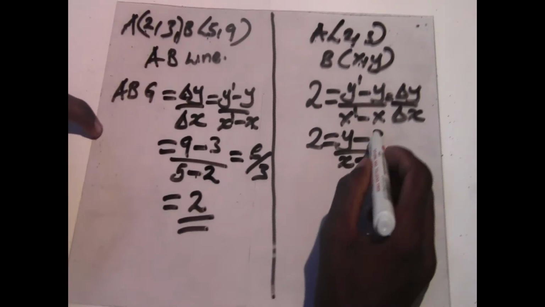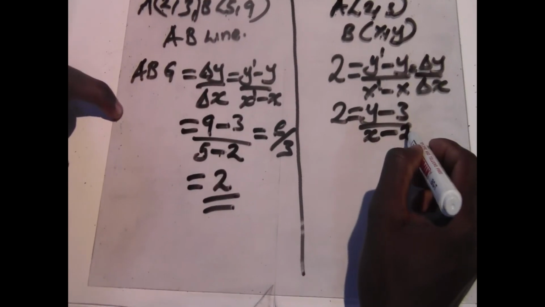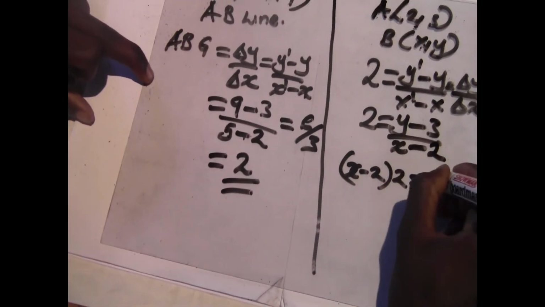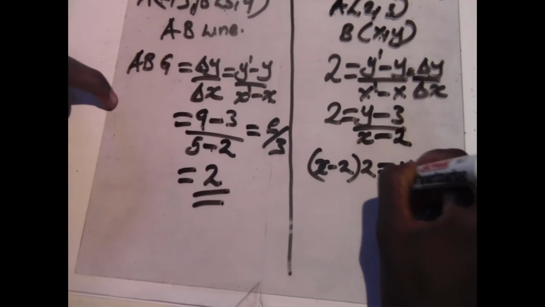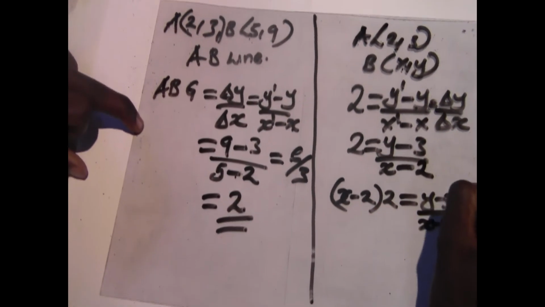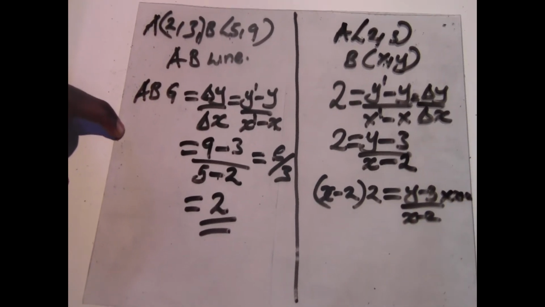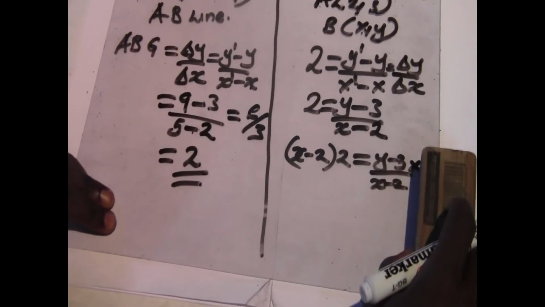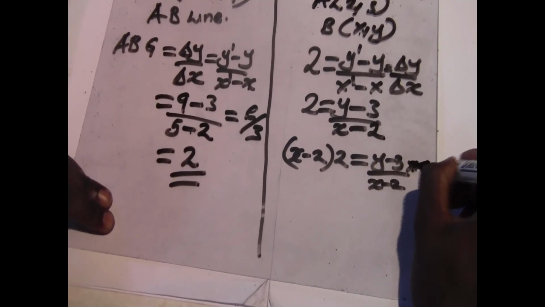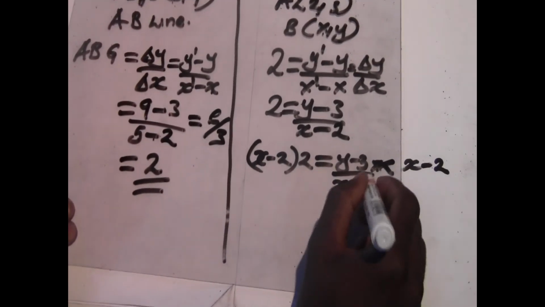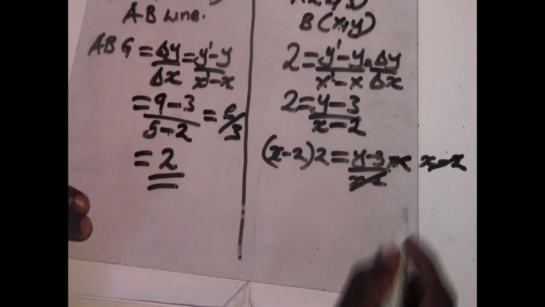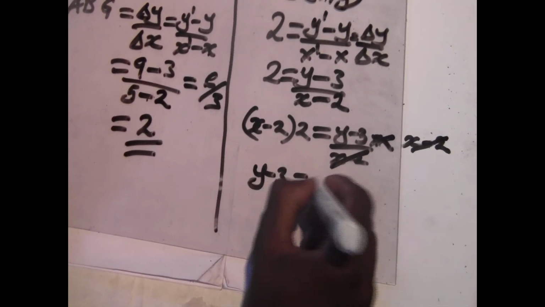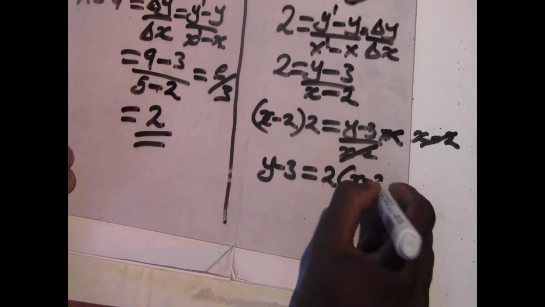So what you're going to do is multiply each side by x minus 2. So it will be 2 times x minus 2 is equals to y minus 3 over x minus 2, multiplied by x minus 2. So this x minus 2 will cancel this x minus 2. And then from there, we shall have y minus 3 is equals to 2 into x minus 2.